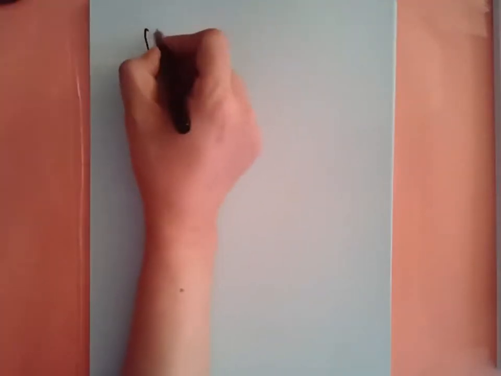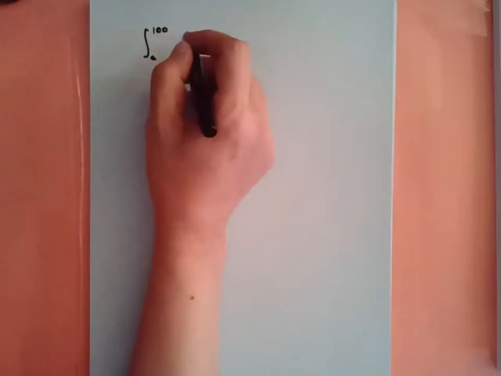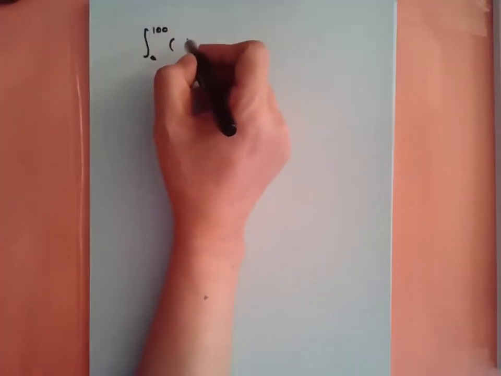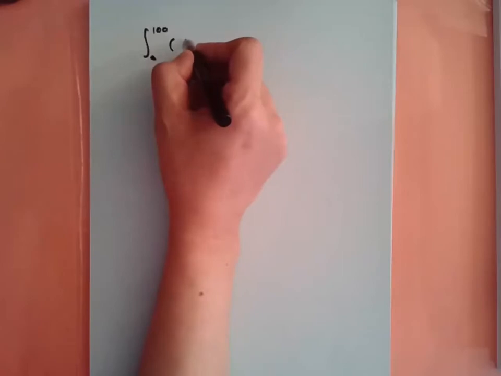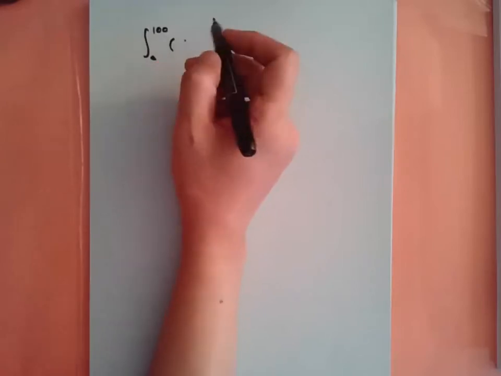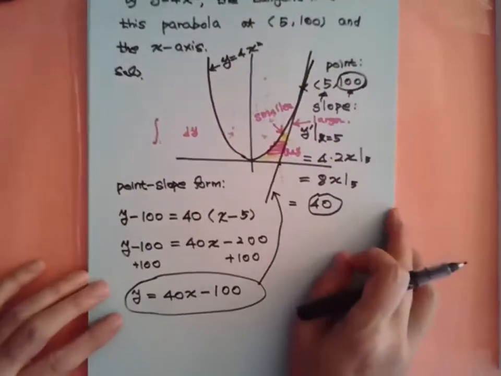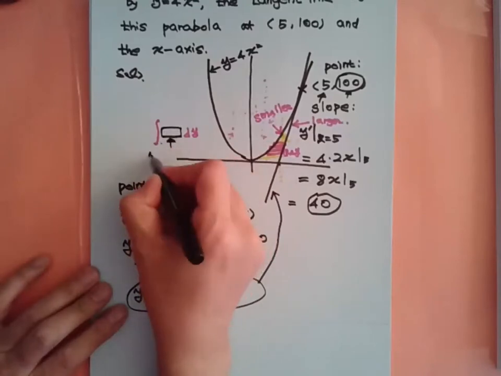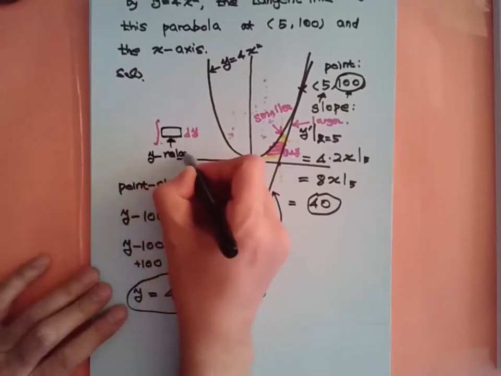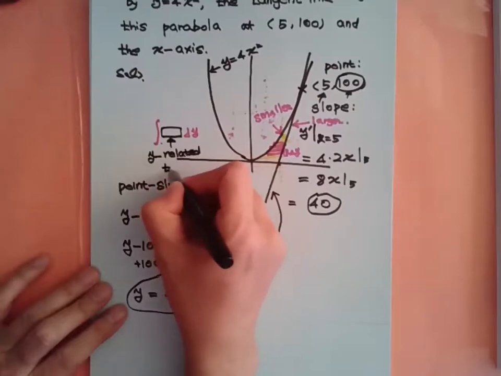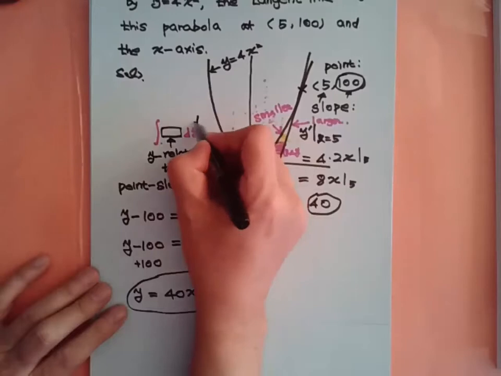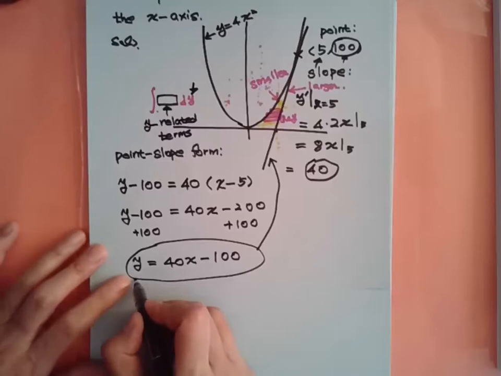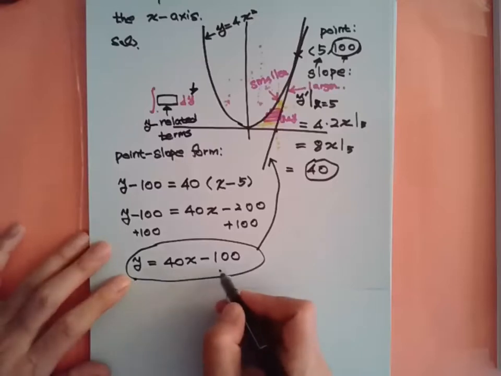Integration 0 to 100. I said the straight line is larger, and what we need are the y related terms because we are thinking about the variable y. So for this one, this is y equals 40x minus 100.